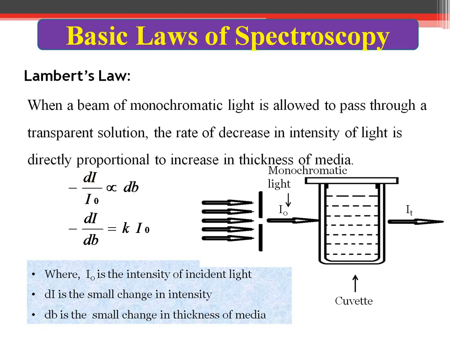So this equation can be written as minus dI upon dB equals k into I0, where k is the constant of proportionality.